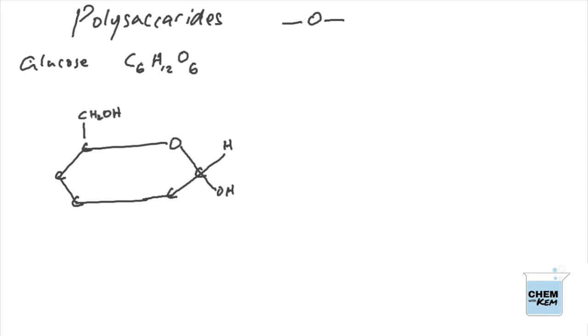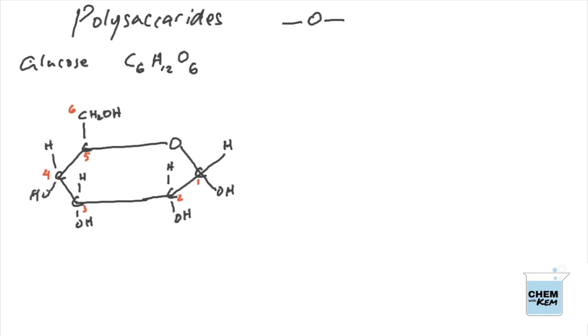All right, so we'll have hydrogen here, OH here, hydrogen here, OH there, and then OH there, and then hydrogen. All right, so this carbon is carbon 1, carbon 2, carbon 3, carbon 4, carbon 5, carbon 6.